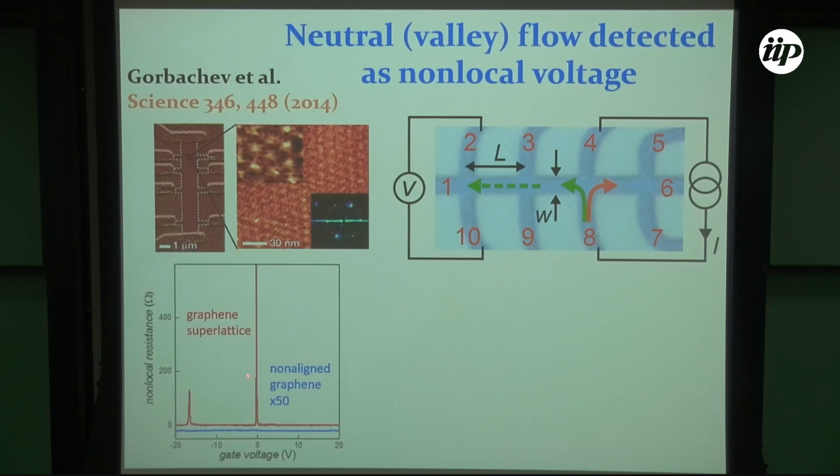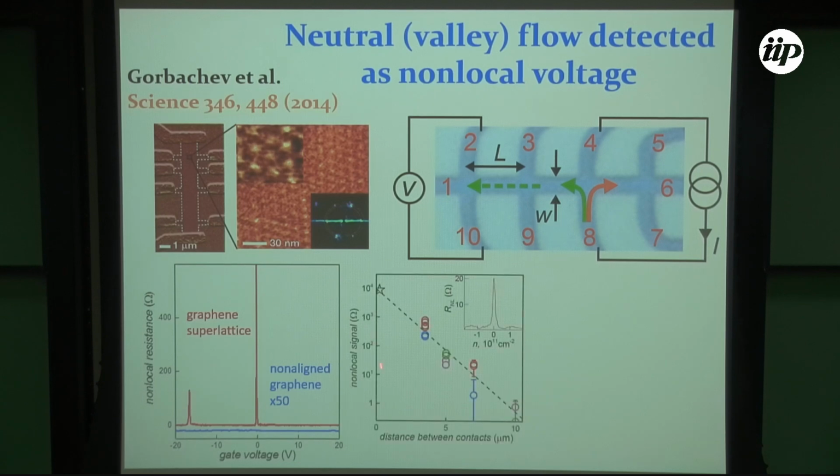This is what they measure in the non-local resistance: a very, very large peak at the Dirac point, and a satellite peak which is related to the moiré of the system. Also in this experimental data, we see that a completely random stacking, non-aligned, non-commensurate, results in zero response. So it's going in the right direction.